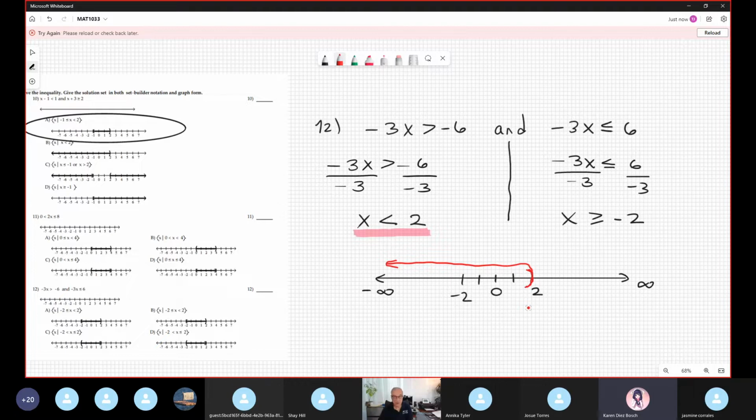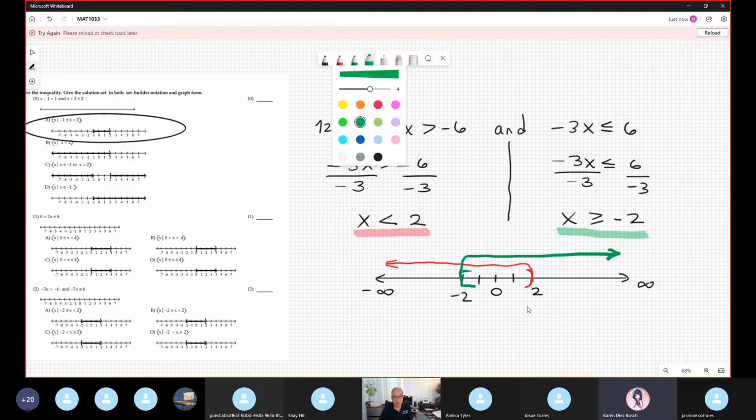Parentheses. Now green. Minus 2 is, but in this case to the right because it's greater than. Include negative 2 and this is to the right. And one more time, having an and, I know very well that and conjunction is the intersection.